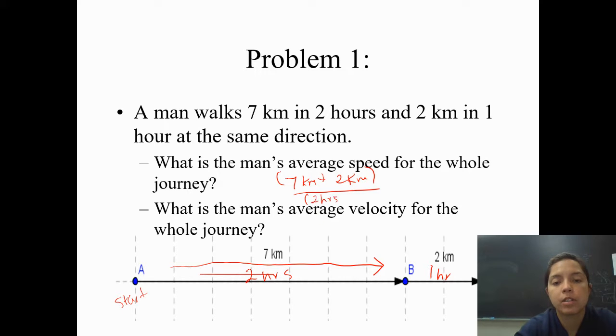So 2 hours plus the 1 hour. And then you divide those two and you're going to get your speed, and it's going to be kilometers per hour. Same thing for velocity. Calculate the displacement, and then you're going to divide it by the time of the whole journey.